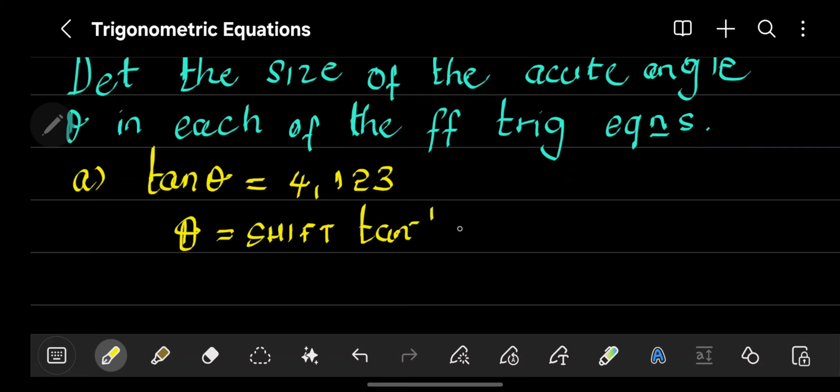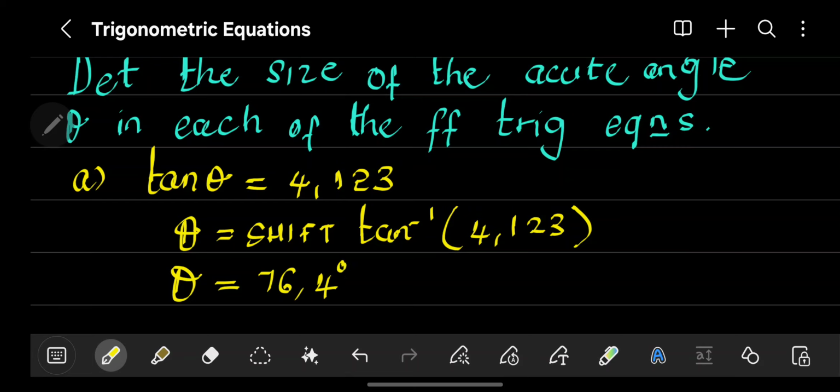Then you put 4,123 in the bracket and close your bracket. Remember they said we should round it off to 1 decimal place. Your answer will give you 76,4 degrees.